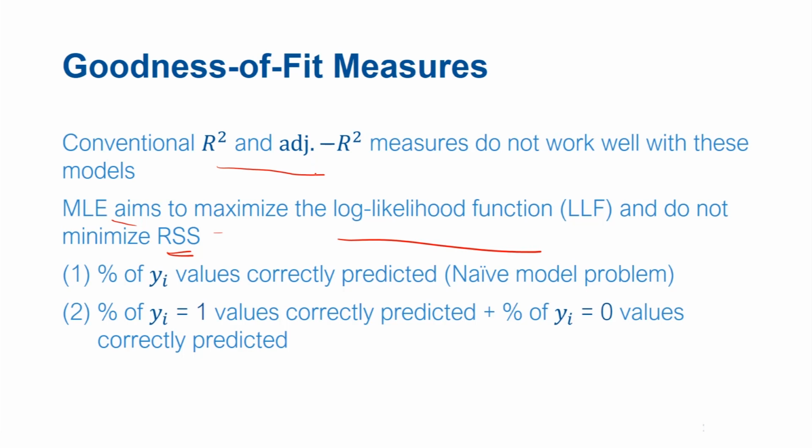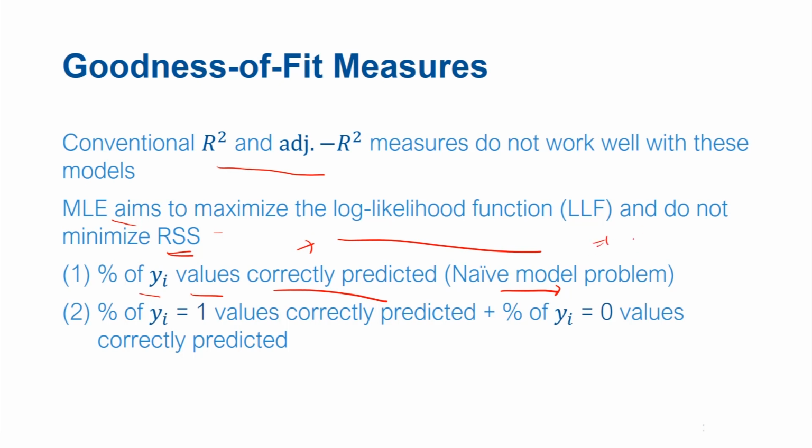So there are two very simple and very intuitive measures that are employed for Logit Probit functions. One is the percentage of values that are correctly predicted. This is often referred to as the naive model problem, where you try to find what percentage of yi values you are correctly predicting.